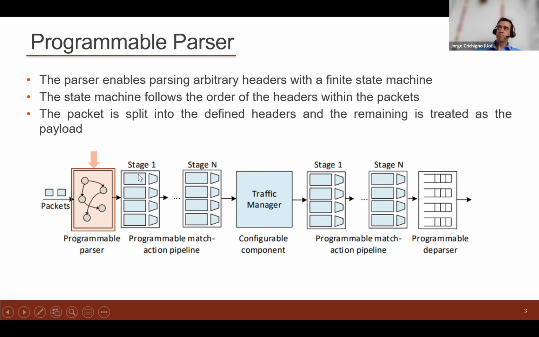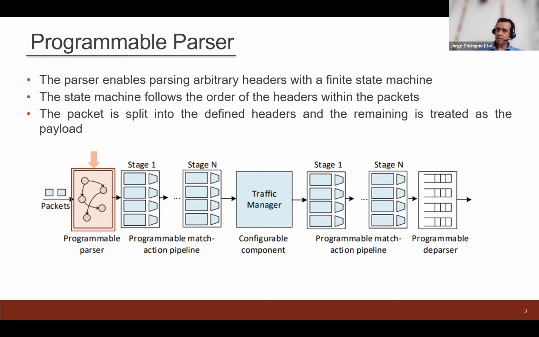For example, we will want to first parse the layer 2 protocol header, Ethernet. Ethernet encapsulates IP packets. After we parse the Ethernet, we will parse the IP version 4, or could be IP version 6, or ARP.